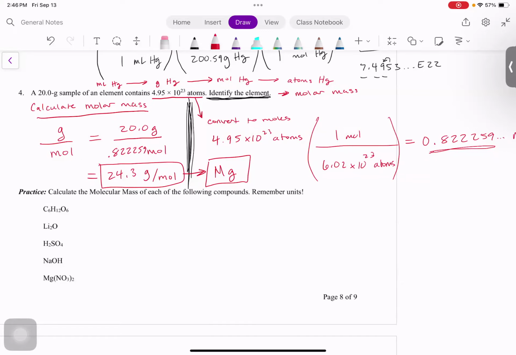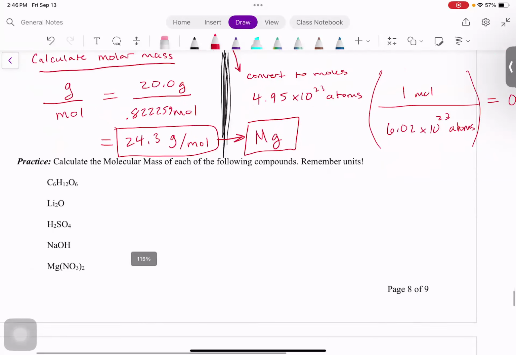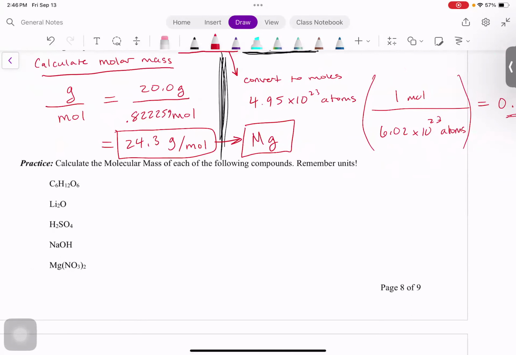So for this first example here, C6H12O6 contains 6 carbon, 12 hydrogen, and 6 oxygen. And so in order to determine its molar mass, you'll take the molar mass of carbon times 6 plus the molar mass of hydrogen times 12 plus the molar mass of oxygen times 6, and you add them all up together. So you do want to make sure that you are able to comfortably do that.